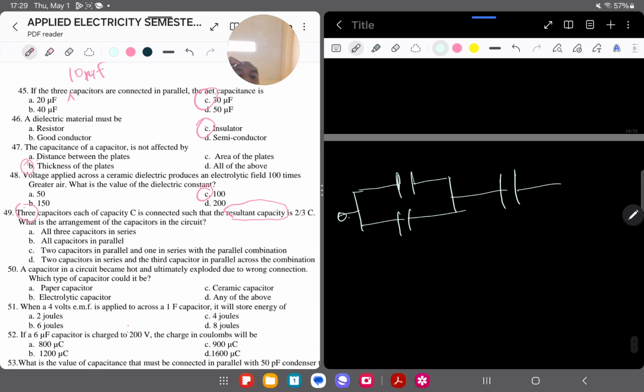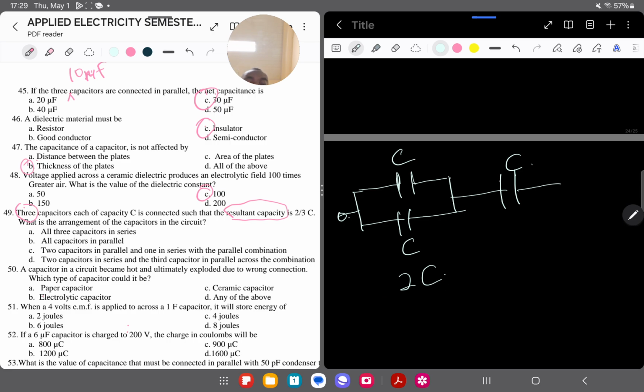So let's try this and see if we get the same answer. By doing this, we see that we get C here, another C, another C. So for this part, because they are connected in parallel, using the equivalent capacitance simplified formula, that would just be 2C, right?